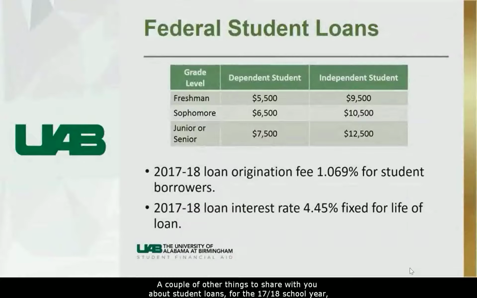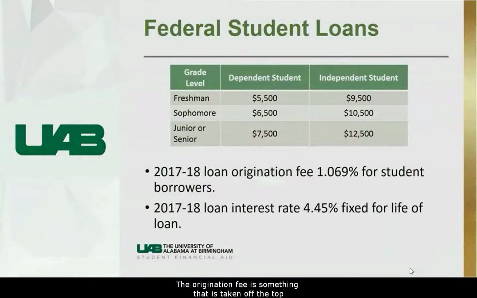A couple of other things to share with you about student loans. For the 17-18 school year, the origination fee on a student loan is a little over 1%. So if the student borrows $3,000, they're not actually going to receive $3,000. It'll be just a little bit less than that because of this origination fee.